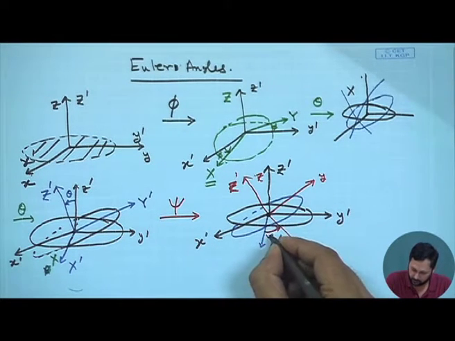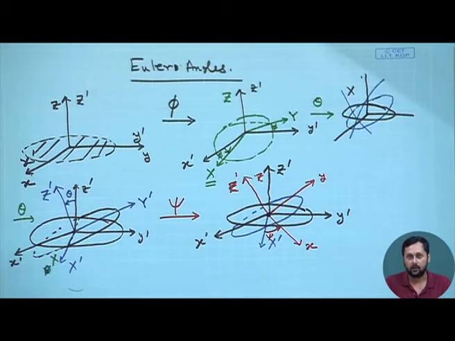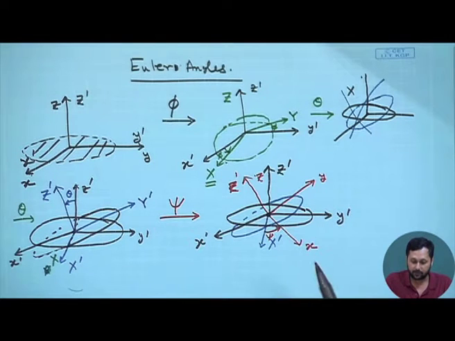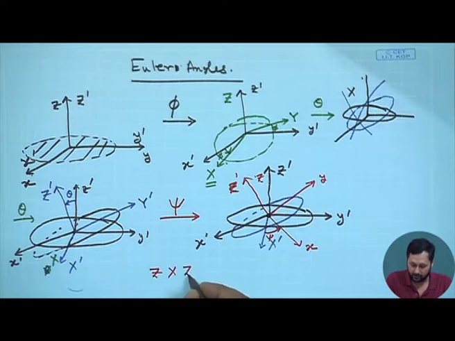So this is the angle psi. So phi, theta and psi, these three are my Euler angles. Please remember that this is only one definition of Euler angles. So this is a z x z definition.